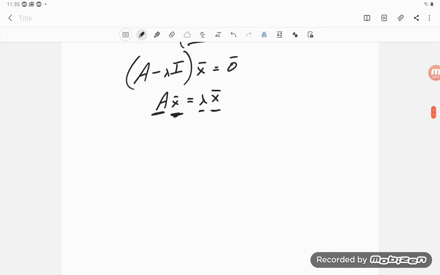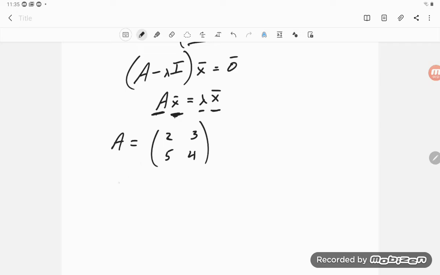And so, for instance, I could just do something like A equals 2, 3, and 5, 4, something like that.